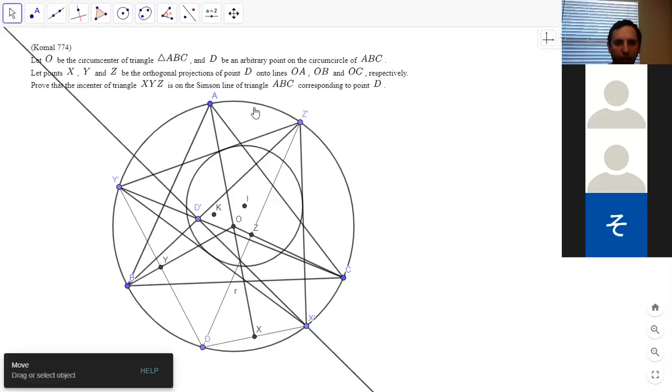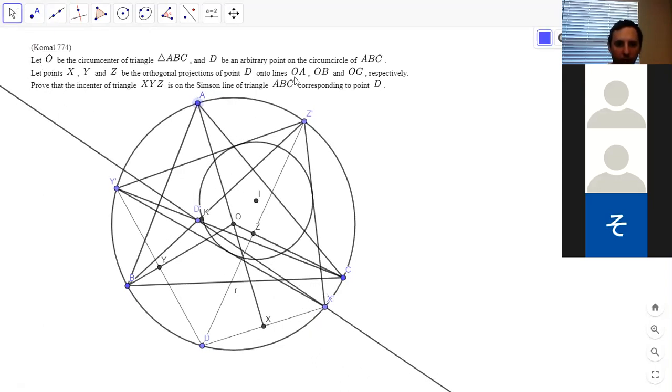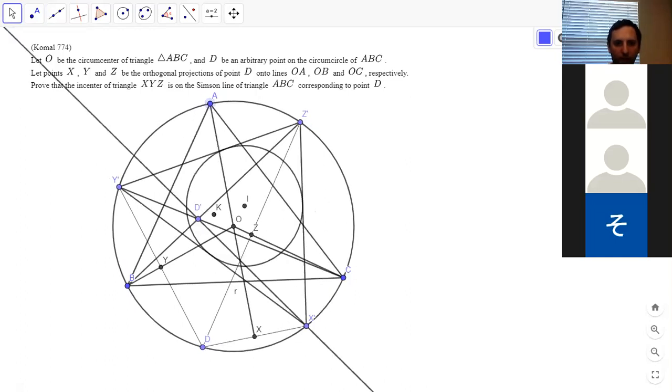Do those concur on AX, or is that just a coincidence? That's a coincidence. So yeah, arc AD is equal to arc AX prime.